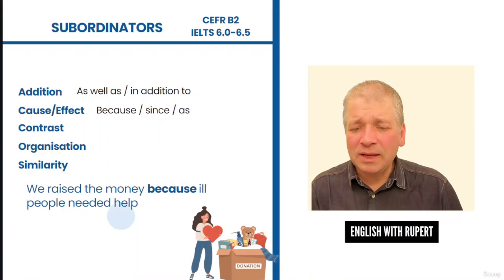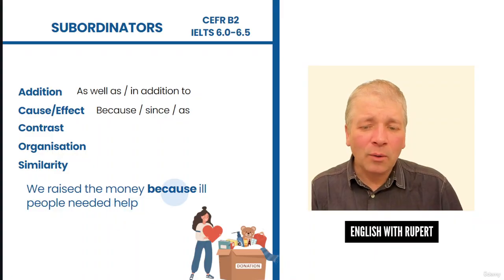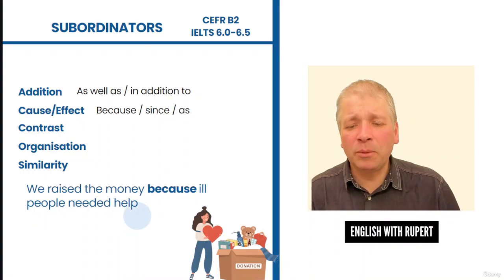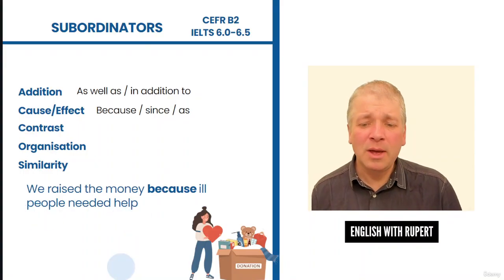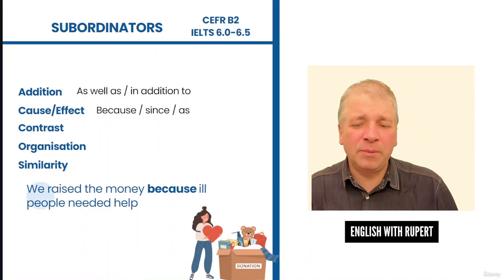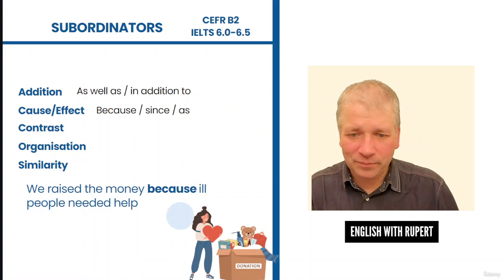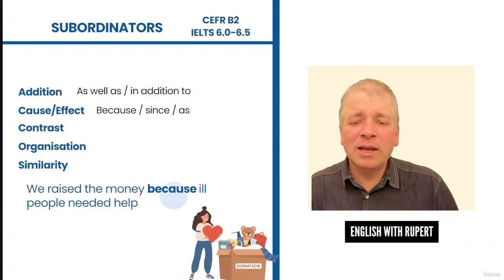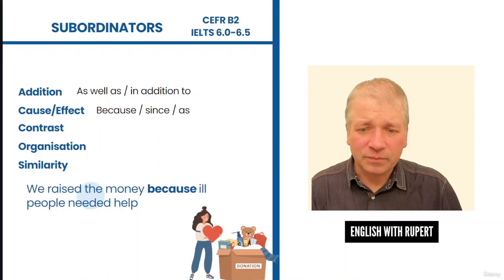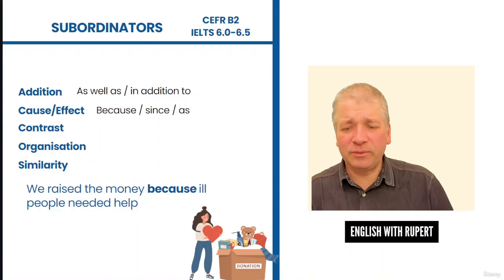Because ill people needed help, well, if we take away the word because, then ill people needed help could be a sentence on its own, but it doesn't make sense without the first bit because we don't know why. So here because links the reason to the statement, cause and effect.